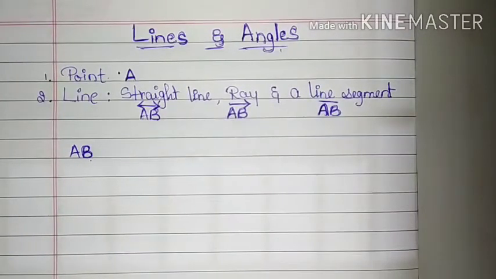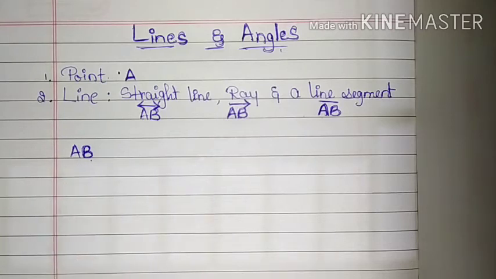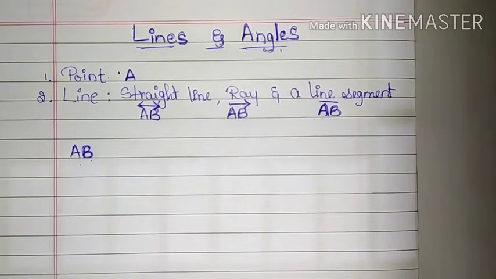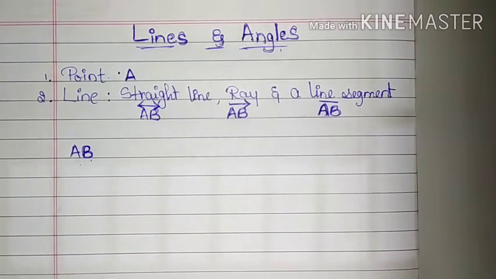We just understand based upon the context what AB stands for. Suppose we are talking about angles, then AB will stand for a ray. If we are talking about parallel lines, then AB will stand for lines. And similarly, if we are talking about triangles, quadrilaterals, pentagons or any polygon, then AB is a line segment. So based upon the situation, AB can be any of the line, ray or line segments.